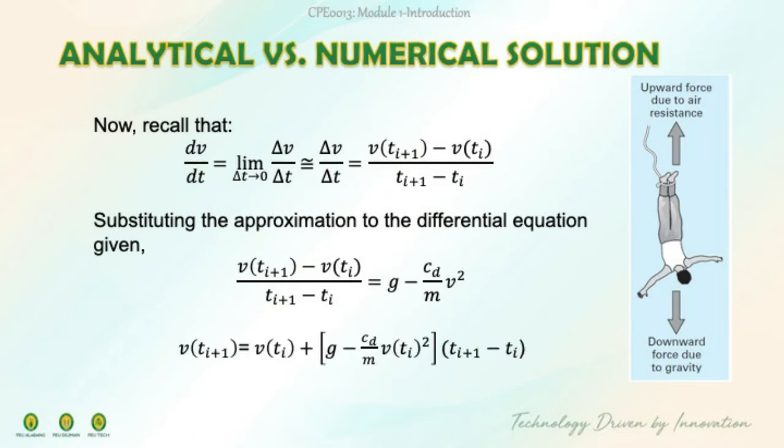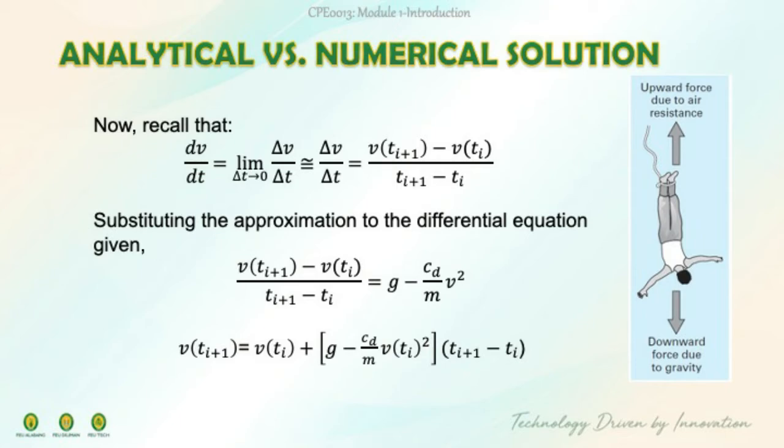So this equation can be arranged to yield the final one: v(t_i+1) is equal to v(t_i) plus our original equation multiplied by t_i+1 minus t_i.